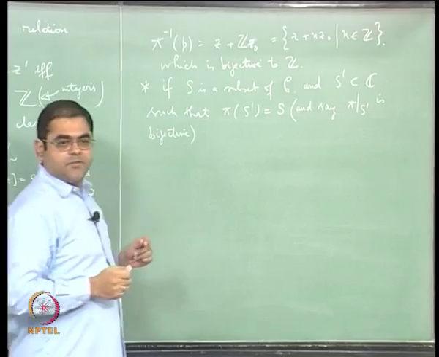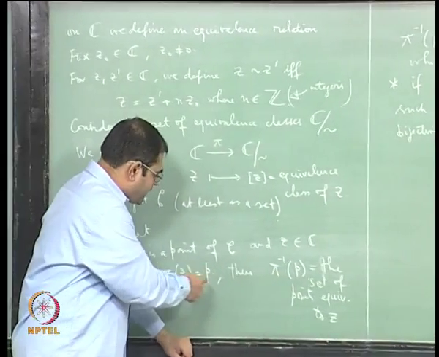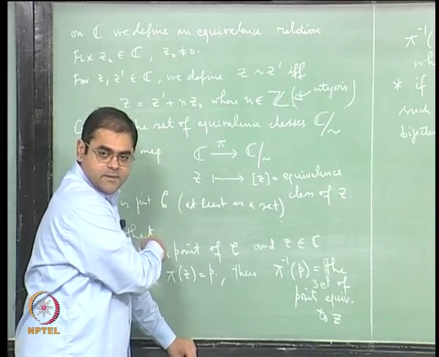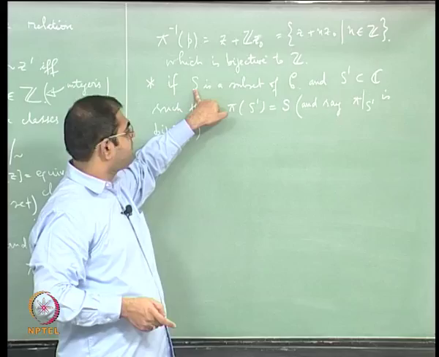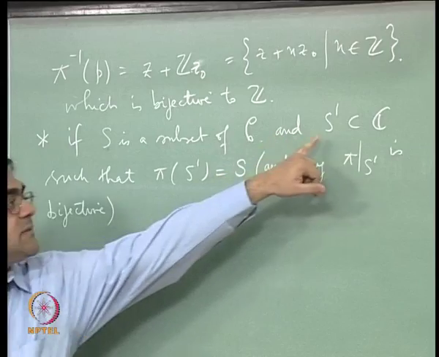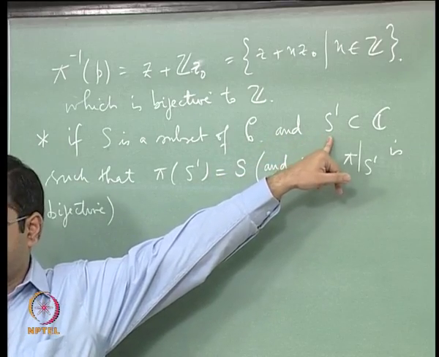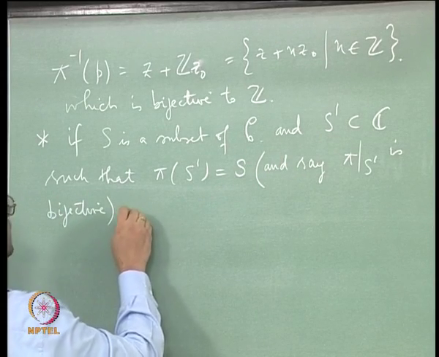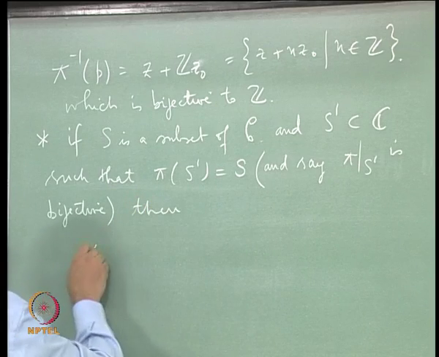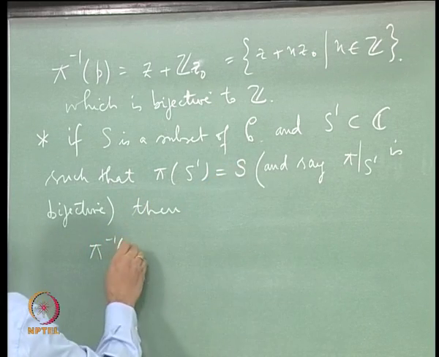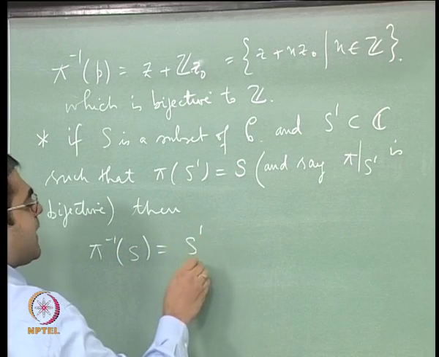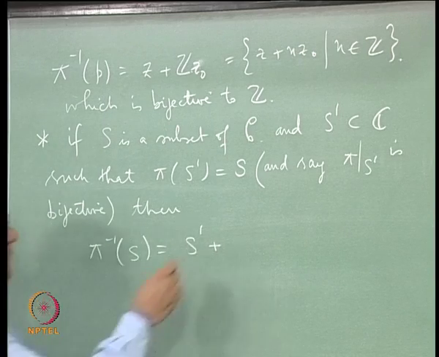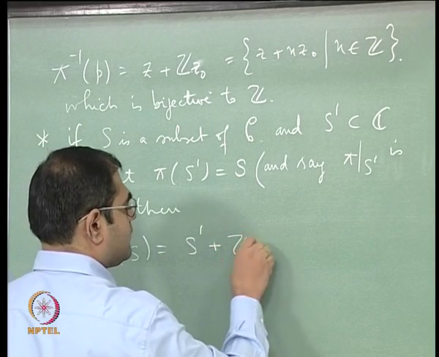So here what I did before was I took a point on the cylinder and I took a representative. Here what I am doing is I am taking a subset of points on the cylinder and I am taking a subset of representatives, and then the same kind of argument will tell you that pi inverse of S will be nothing but S prime plus all the translates of S prime. So it will be S prime plus again integer multiples of Z0.